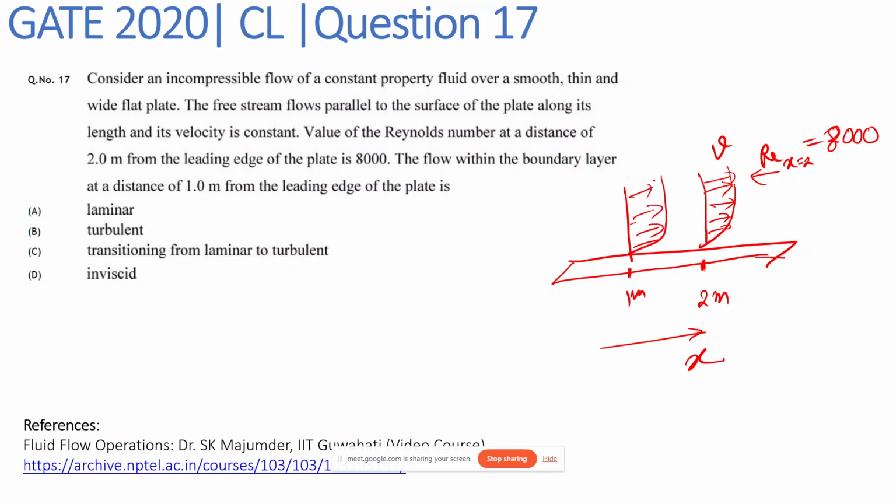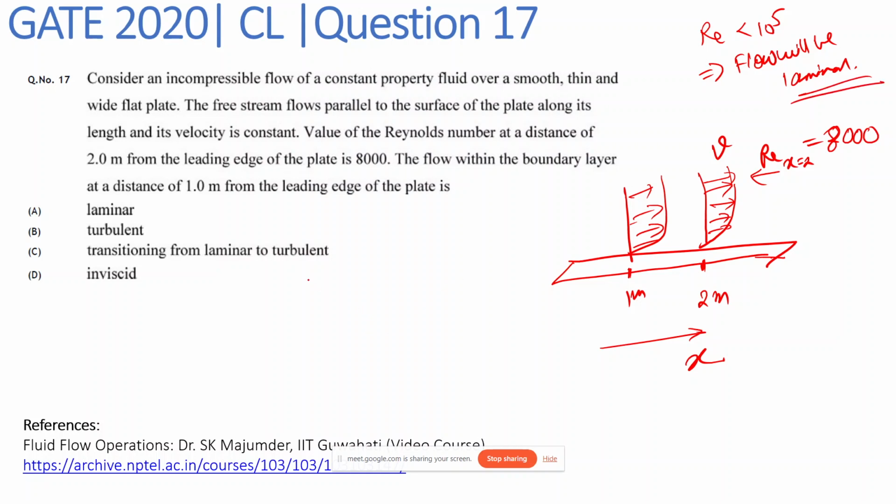Basically, for this given x of 1 meter, we can find the Reynolds number, and for flow through a flat plate, we can remember this correlation: if the Reynolds number is less than 10 raised to 5, the flow will be laminar, and if it is greater than 10 raised to 5, then the flow will be turbulent.